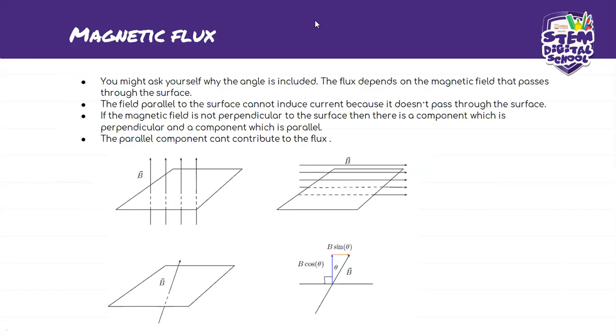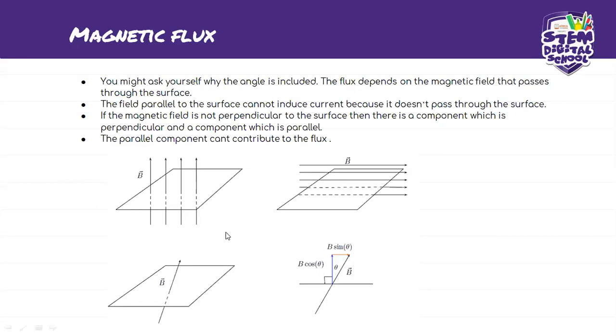If the magnetic field is not perpendicular to the surface, then there is a component which is perpendicular and a component which is parallel. The parallel component cannot contribute to the flux, so hence it's shown here.